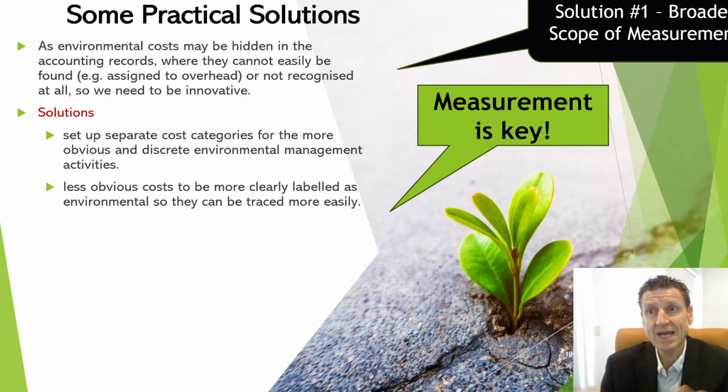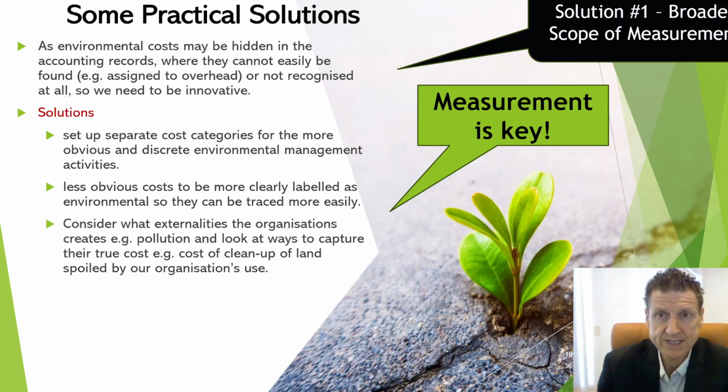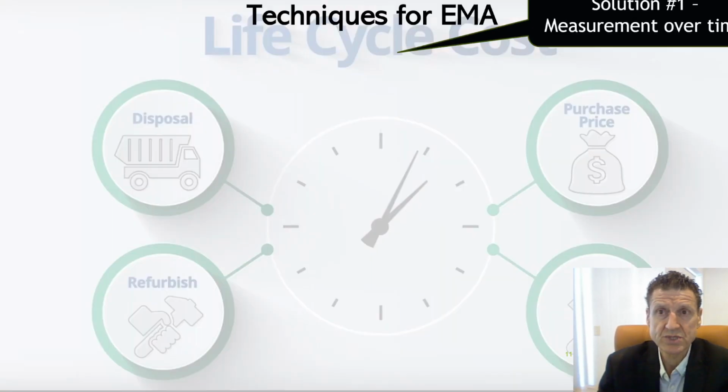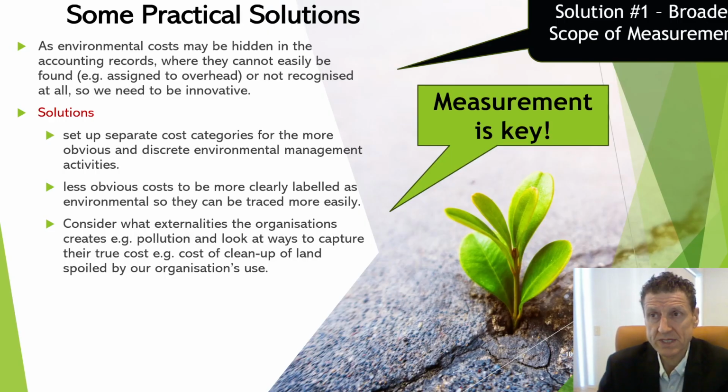So once you start classifying, then you're able to trace more easily. Consider what externalities the organisation creates, pollution, and look at ways to capture their true cost, e.g. the cost of cleanup of land spoiled by our organisation's use. So the solution one is a broader scope of measurement.